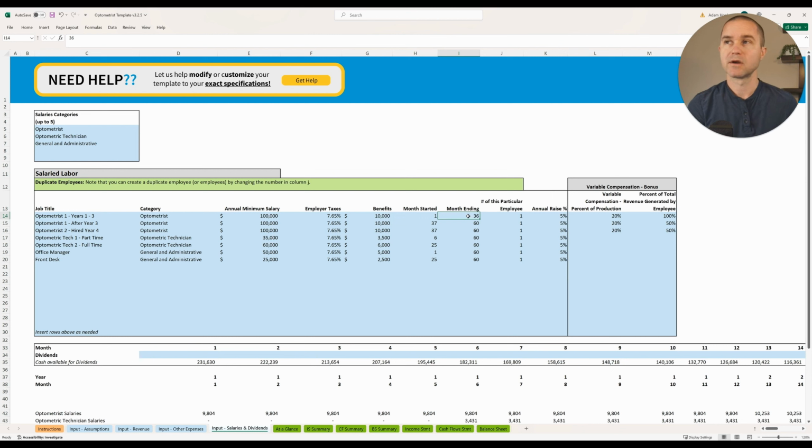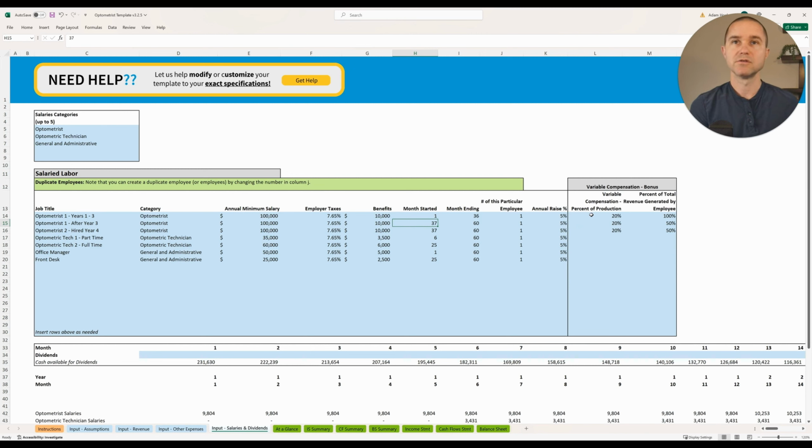So after 3 years, we're actually going to hire a second optometrist. So after year 3, and hired in year 4 here, we're going to have optometrist 1 and 2, both starting in month 37. And this is important because of this variable compensation structure over here.